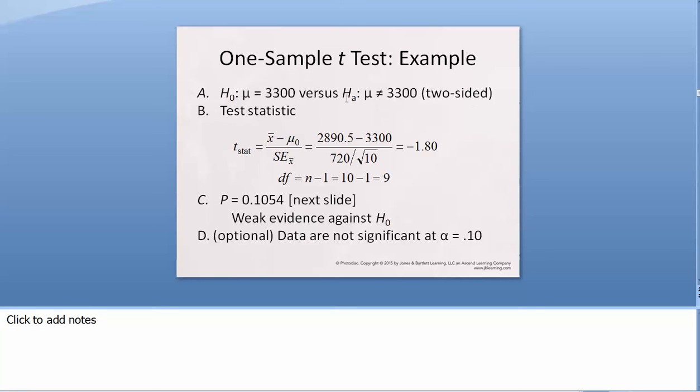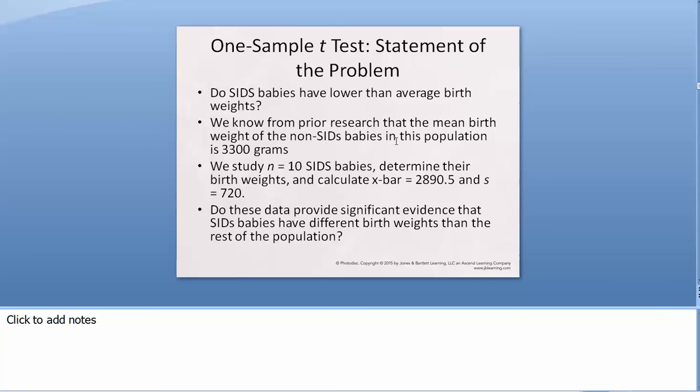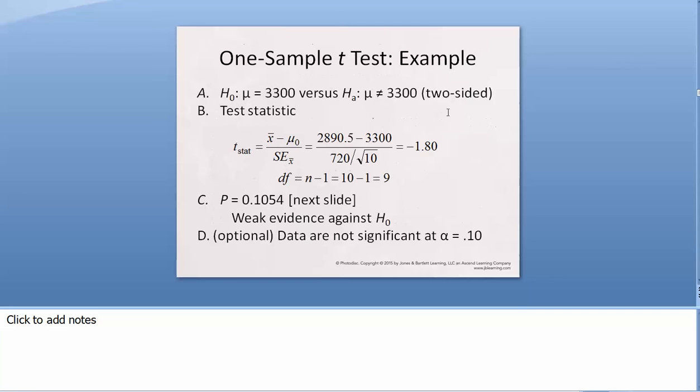So these are the steps. When you do a hypothesis test, you set up your null hypothesis and alternative hypothesis. Here they have put the mean to be 3300. Actually, if you go back, the question asks whether the babies have lower weights, so this should have been less than.